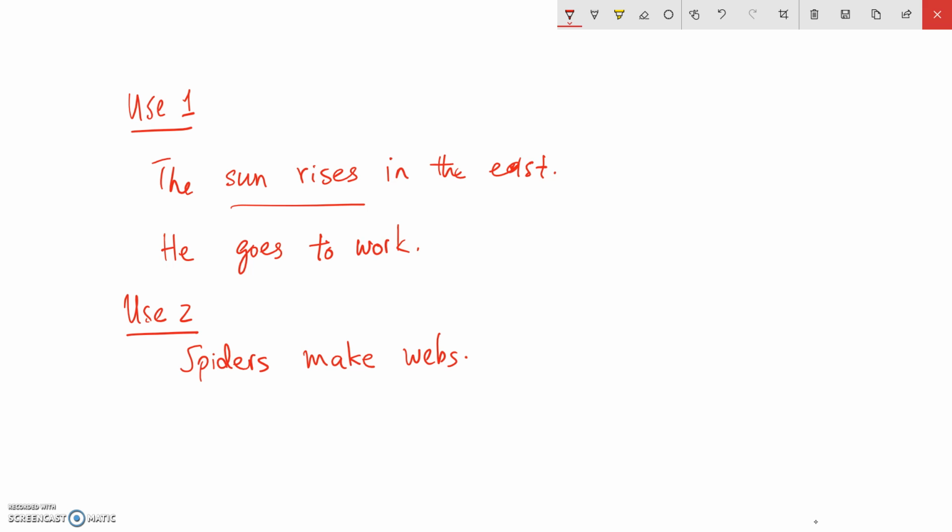Therefore, you can say this is a general fact. Or babies drink milk. This is another fact. So we can use simple present tense to talk about habitual or routine action, or to talk about general facts.